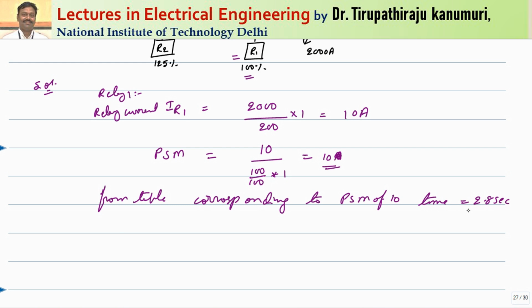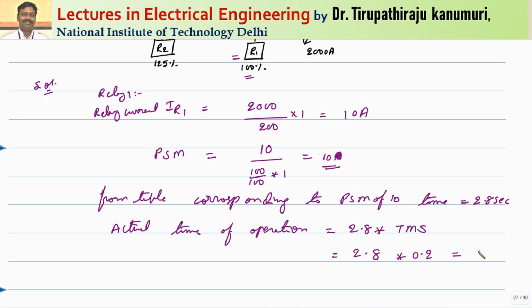But I want the actual time of operation. The actual time of operation will be equal to this 2.8 seconds multiplied by the time multiplier setting of the corresponding relay, which is 0.2, as given. So 2.8 into 0.2 is 0.56 seconds.